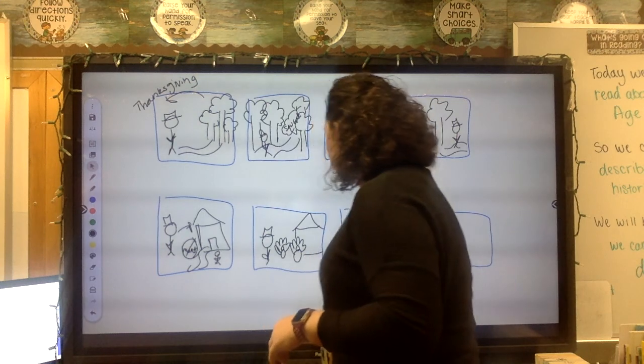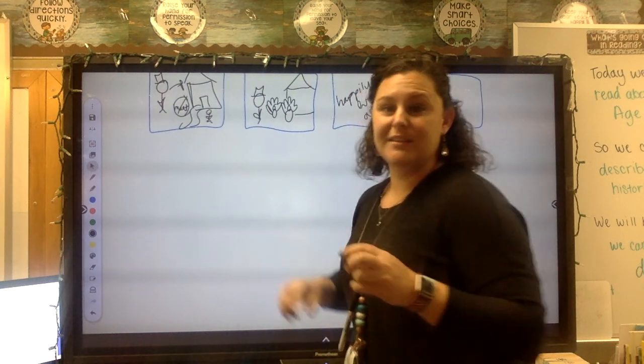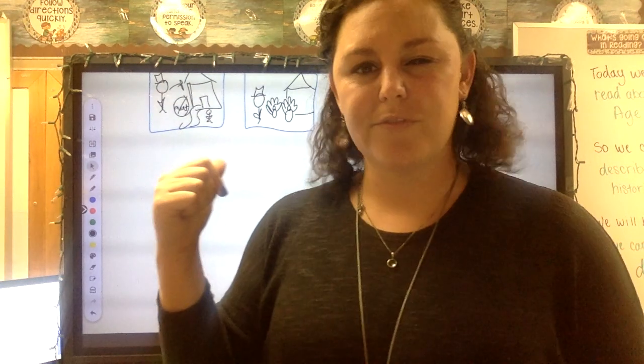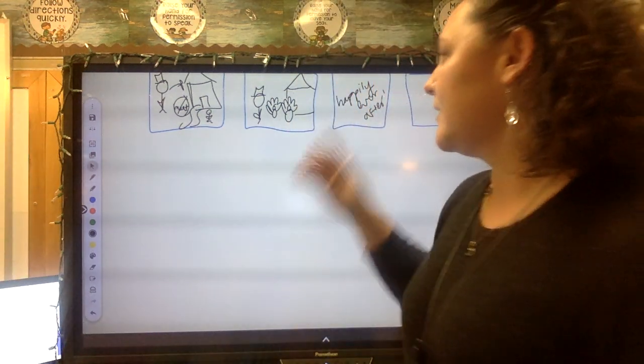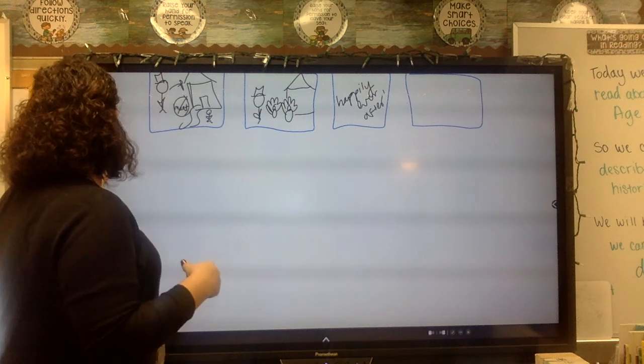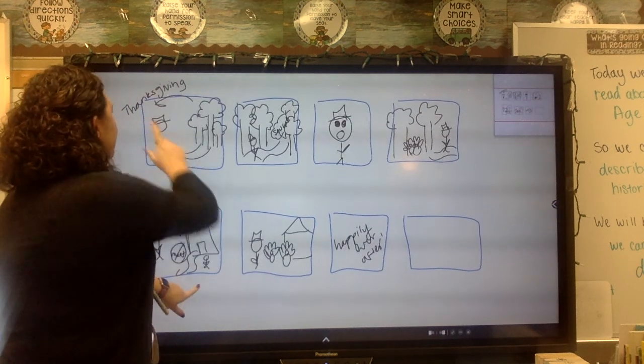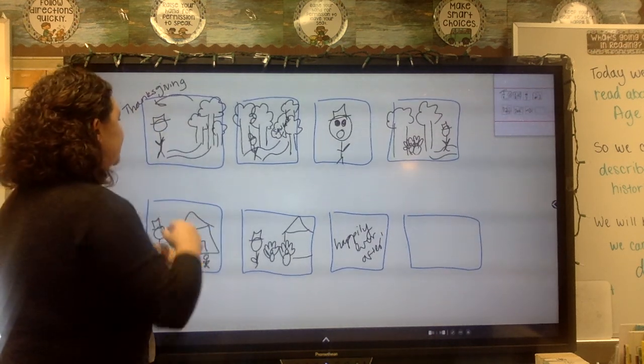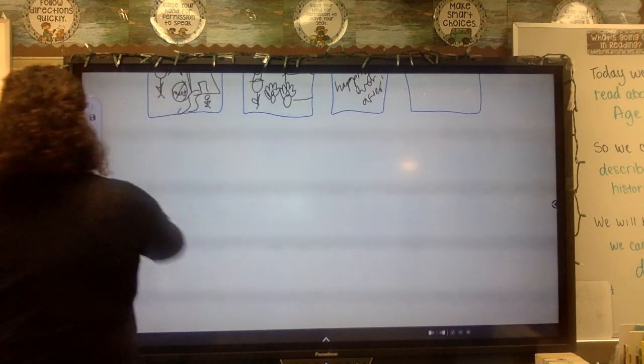So the next part is I get to write about it. That's where you need that second piece of notebook paper, or you can even flip this one over and write on the back. So when I'm writing, I want to make sure I can go back and look at what happened first. The day after Thanksgiving, a scarecrow walks into the woods.